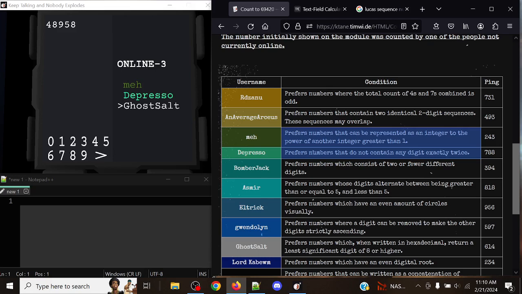I believe it's just square numbers, as an integer to the power of another integer greater than 1. I believe what this is referring to is a number performing some kind of root of another number.